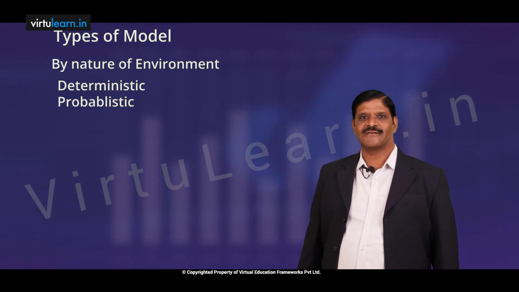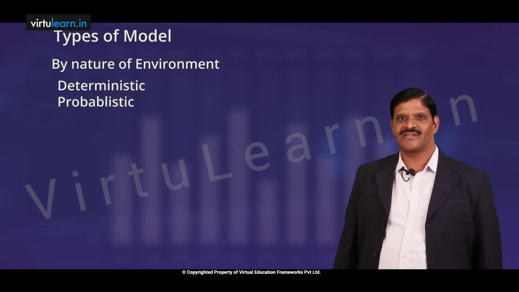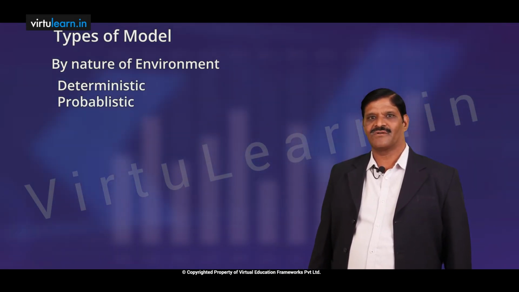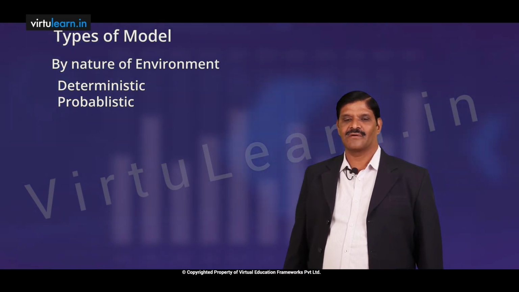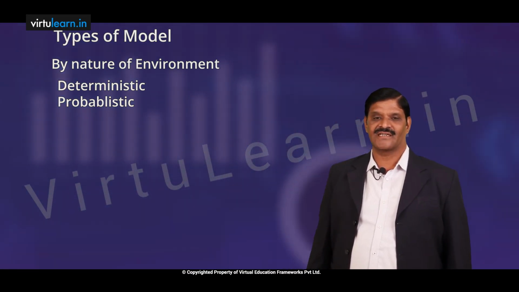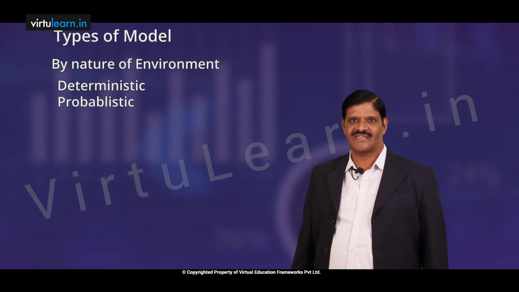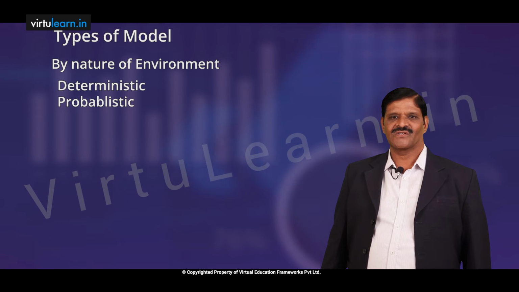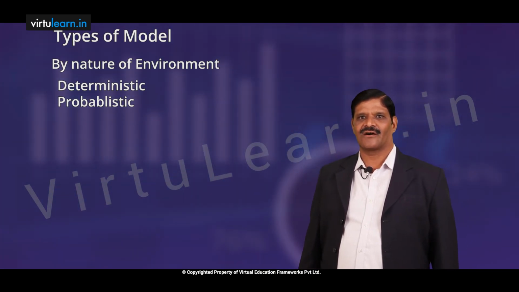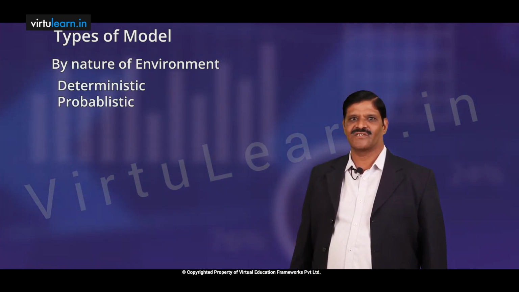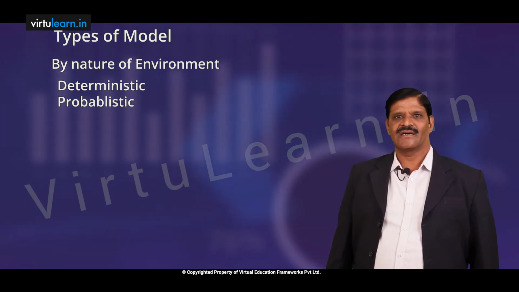Since the manager knows all the variables involved in the problem and the possible values those variables will take, it is deterministic. As the name itself indicates, we know clearly the outcome these models will give us.